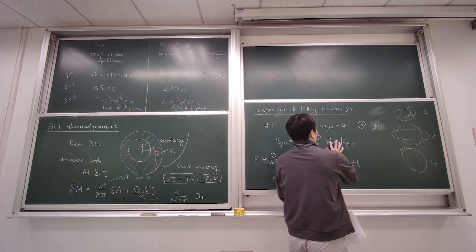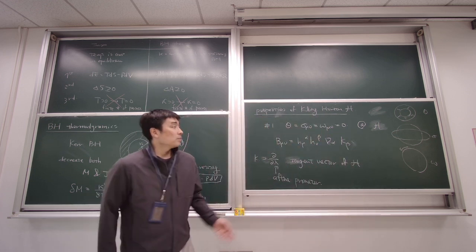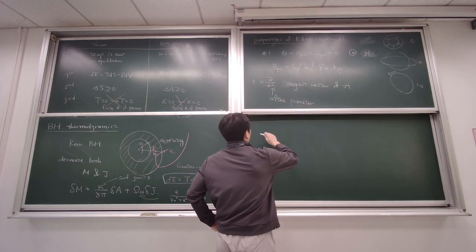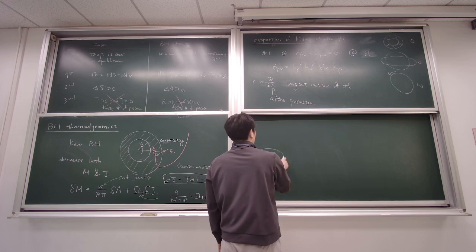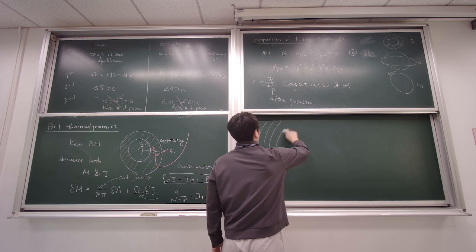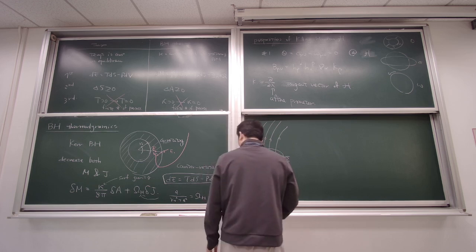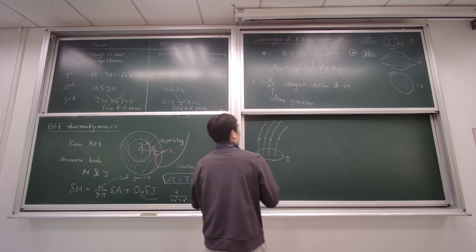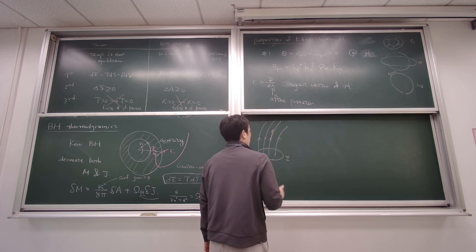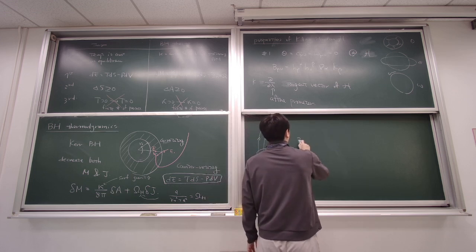Actually, B mu nu is defined by the congruence. Originally, we just consider a congruence of some geodesics, like this way. And B mu nu is just a projection.